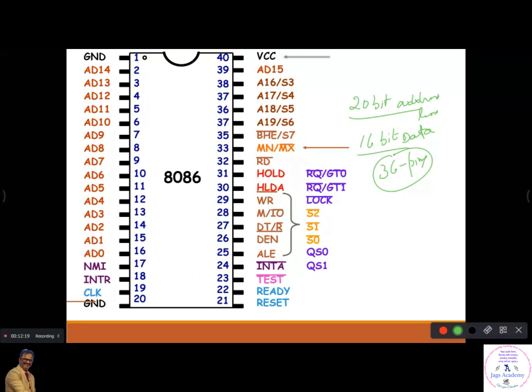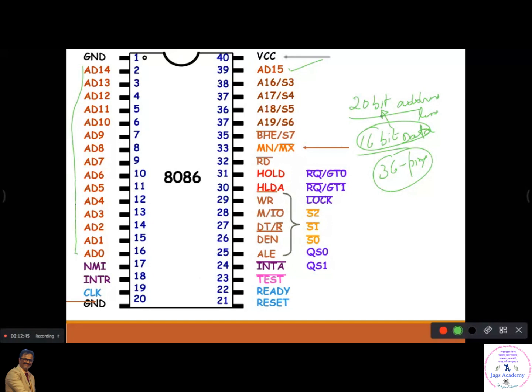You can see here some of the pins named AD0, AD1, AD2, AD3, AD4, AD14, and here you have AD15. The 16-bit data line is also multiplexed with the address line.